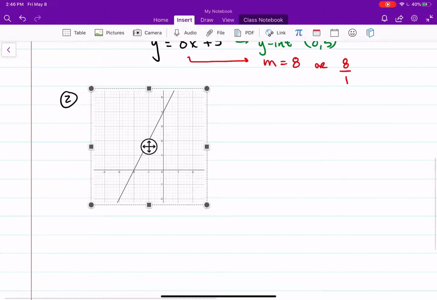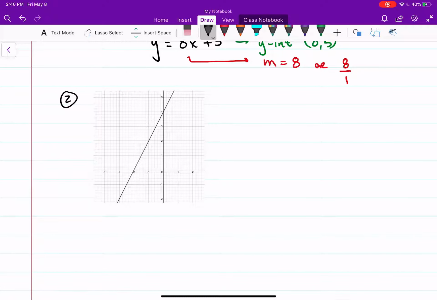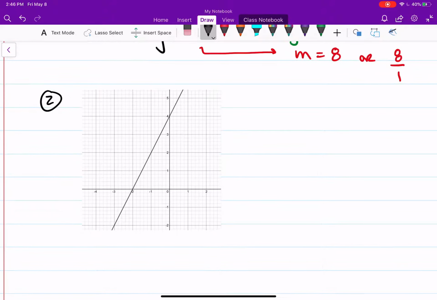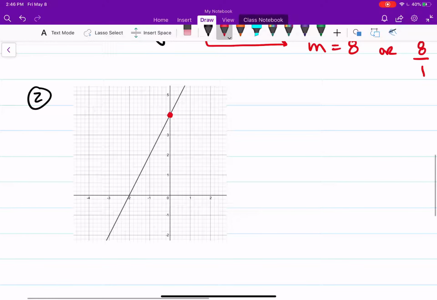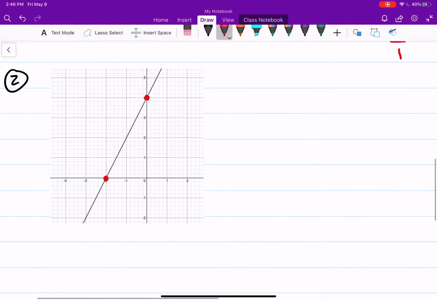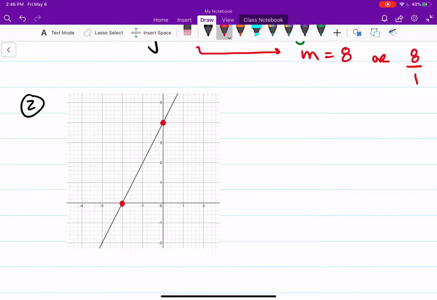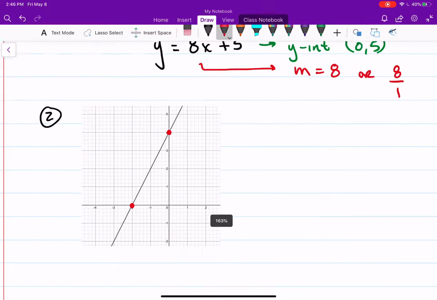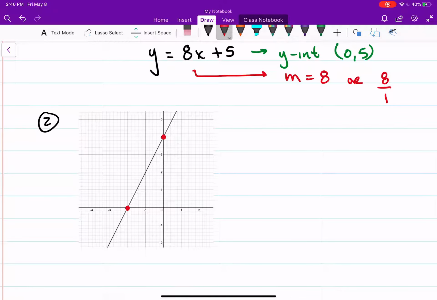One of the things you could do is say, okay, I'm gonna pick 2 easy points. There's one right there, and there's one right here. I'm going to use what I've learned previously: rise over run.